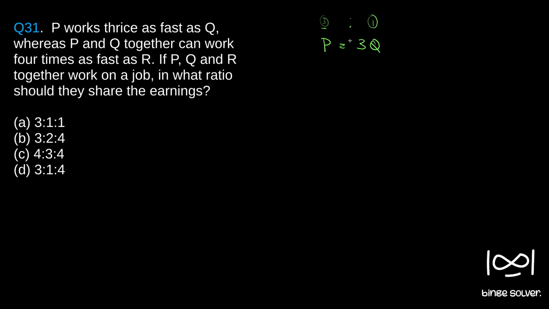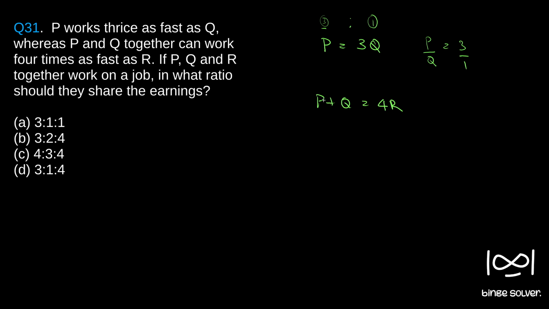So if P by Q is 3:1, earnings should also be in a 3:1 ratio. That is the logic we are going to use here. Another piece of information given is that P and Q together can work 4 times as fast as R. So P plus Q is 4 times as fast as R. So we already have P is to Q as 3:1.